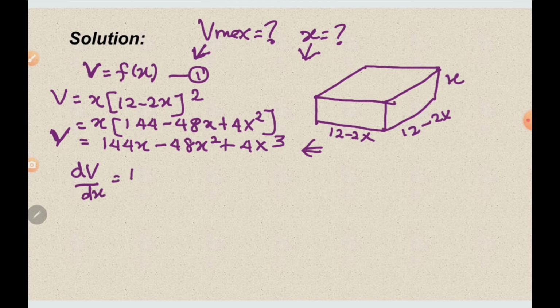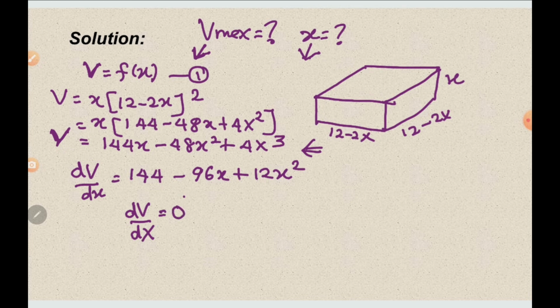You will get 144 minus 96x plus 12x squared. Remember, we want to find the maximum volume. To get the maximum volume, you need to differentiate and set it equal to 0. So dV/dx must equal 0 to get the maximum volume.